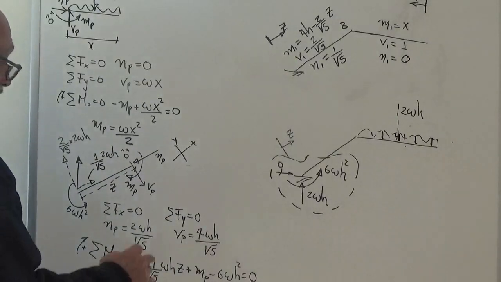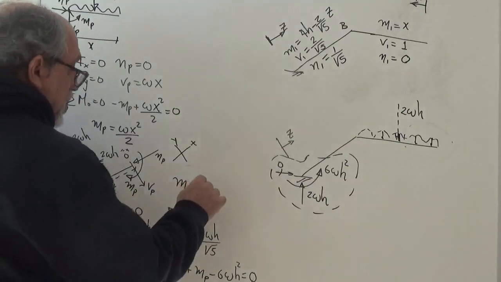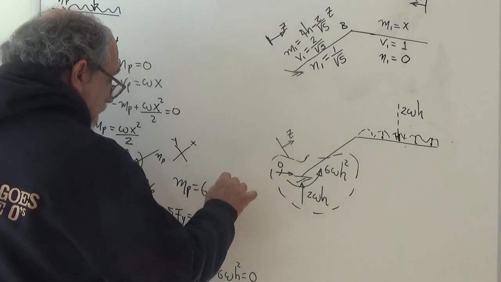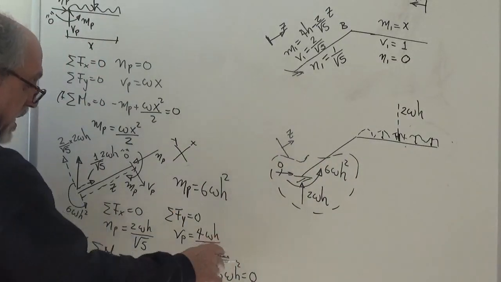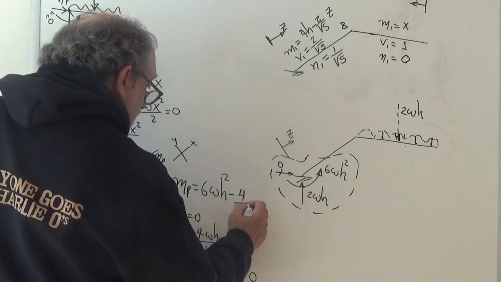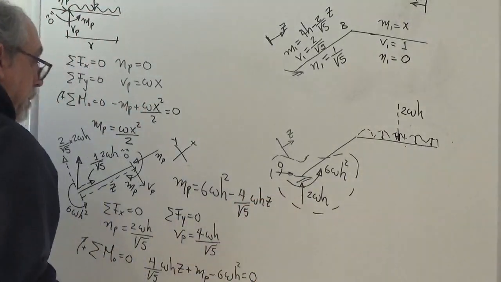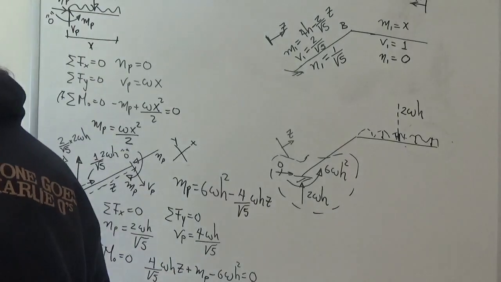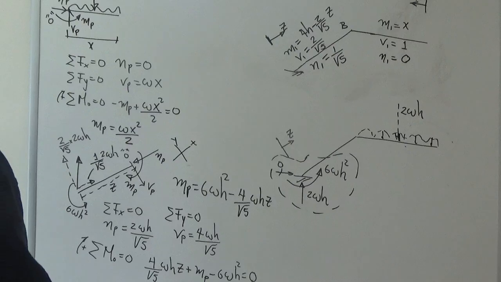And from there, we find that the moment MP is equal to 6WH squared, that went to that side, minus 4 over square root of 5 times W times H times Z. Okay? So we've completed the statics on the second sketch, and we can now transcribe the results.